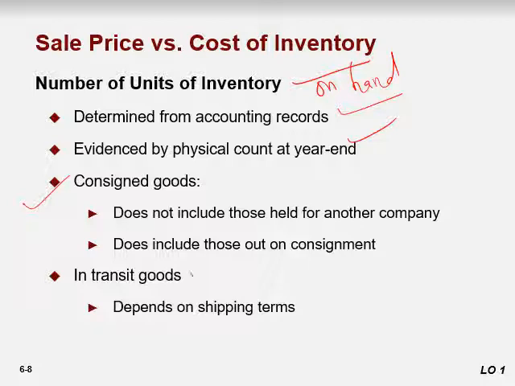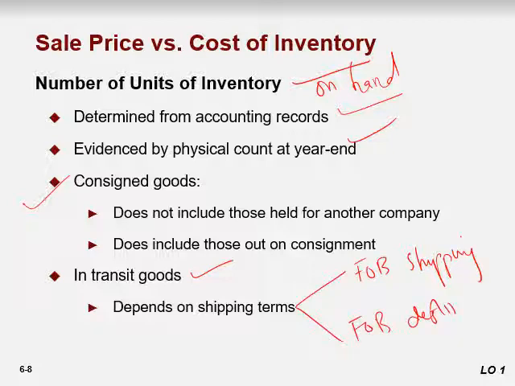But there is a difference for in-transit goods, and that depends on the shipping term. There are two shipping terms that we discussed in our previous lecture, that is FOB shipping point and FOB destination point, right? So if it is FOB shipping point, it means freight on board at the shipping point.